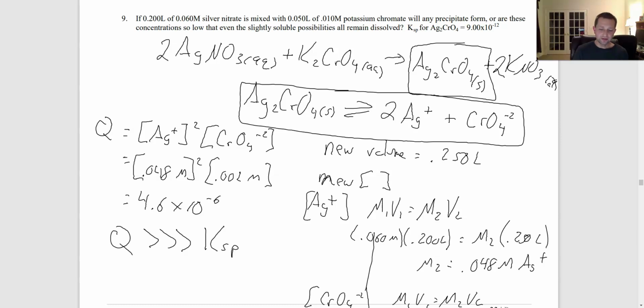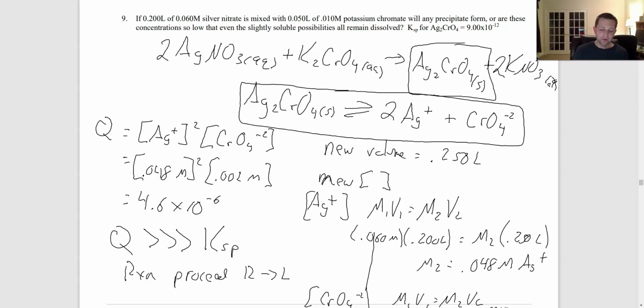If Q is greater than KSP, that means your products are way bigger than they should be. From the previous lesson on reaction quotient, the reaction will proceed right to left. It will go backwards, in the reactant direction, in order to establish equilibrium.